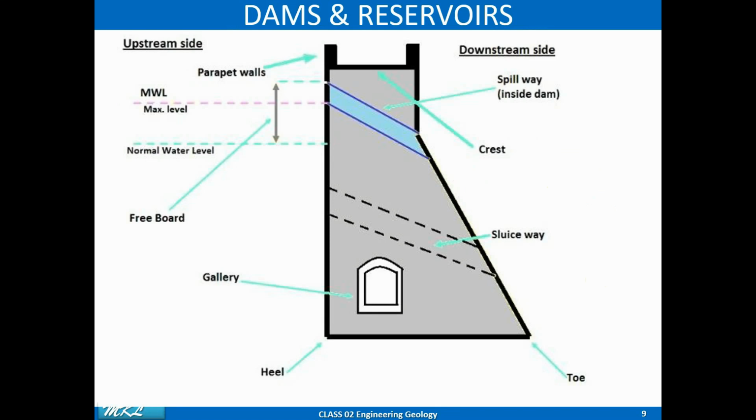So a typical dam has several parts. First one is your crest. The crest is the top of the dam. This top part of the dam is termed the crest. In some cases this provides a roadway. If your dam is wide enough, then it may provide a path.